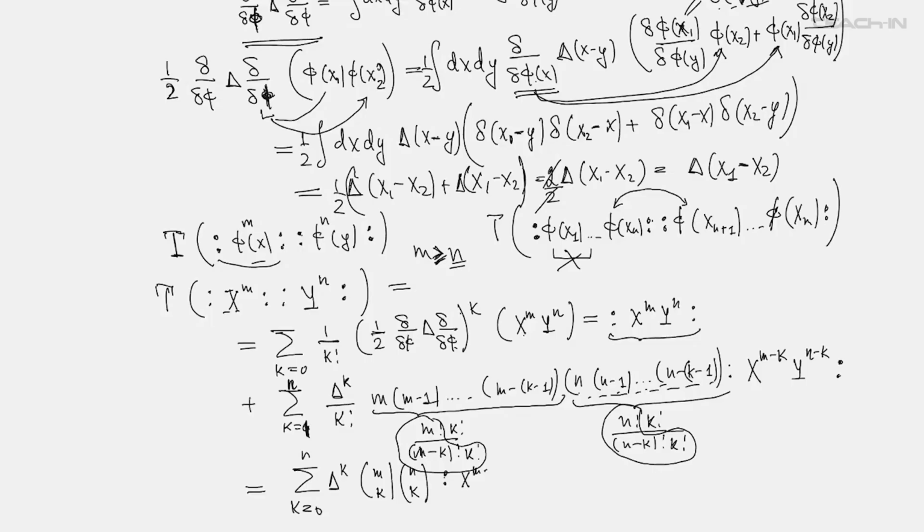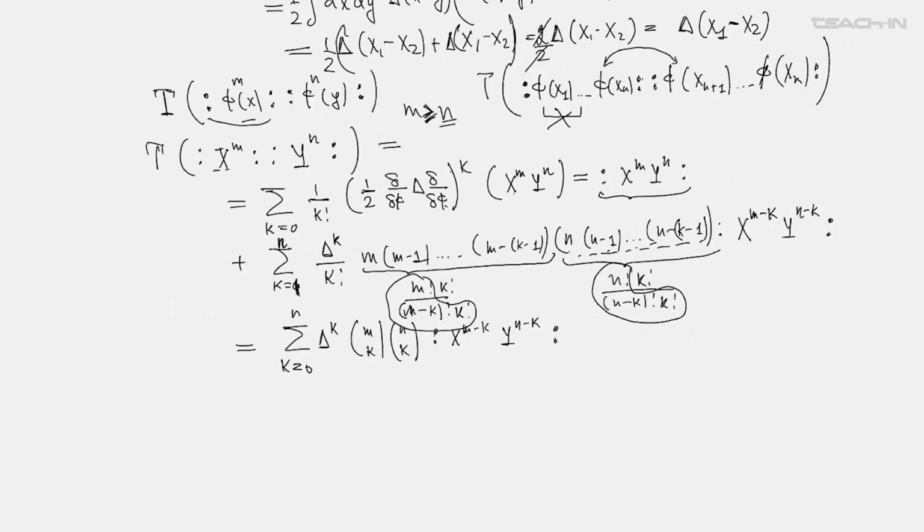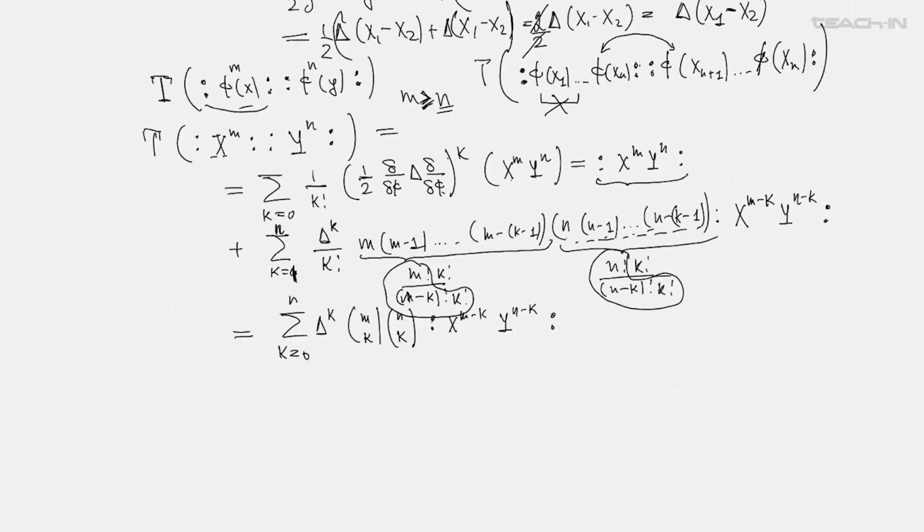Yeah, this is how it works. So I represented the T-ordered product of such powers of fields in terms of normal ordered products of these fields.